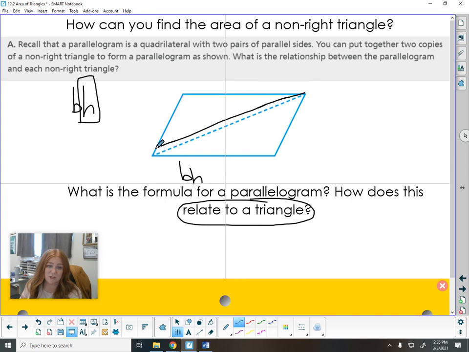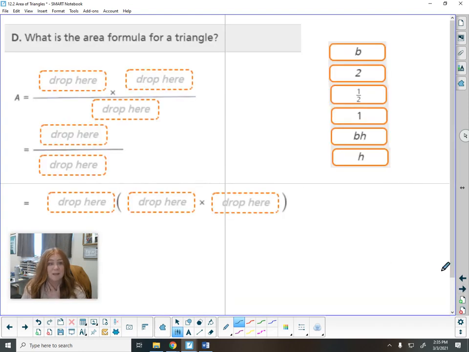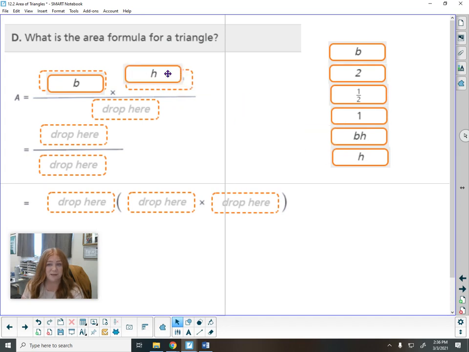Look, when I go corner to corner, we cut it in half. So we want half of the base times the height. Base times height, cut it in half or divide by 2. So the formula for our triangle is base times height, and we want to divide it by 2.